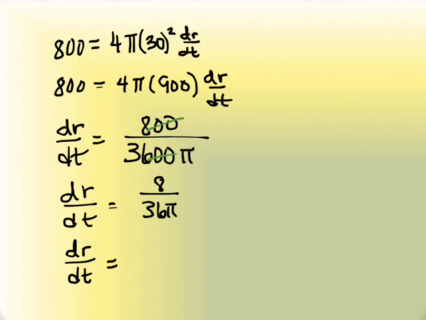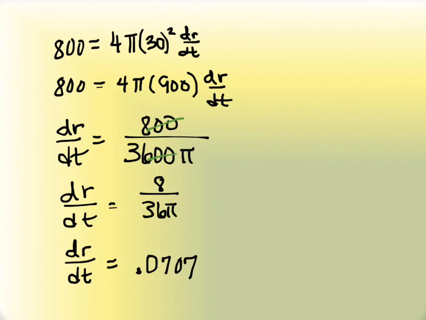We'll go with 4 decimals since we used 4 decimals in the last one. That seemed to work pretty well. What is the 4 decimal value of dr dt? 0.0707. Okay, 0.0707. What are my units going to be on the problem? Okay, so we first have to do the units on the radius.